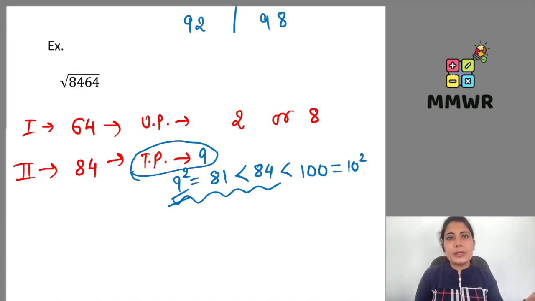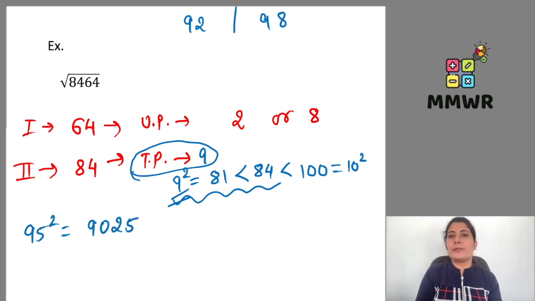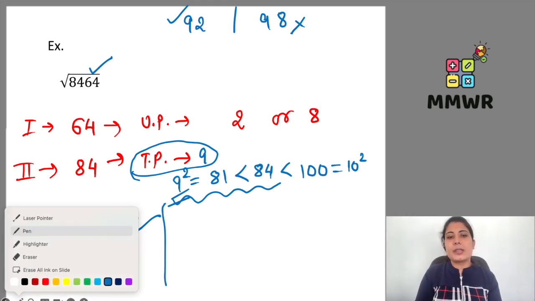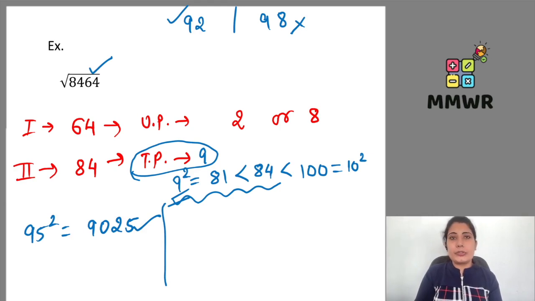Just now we have seen in the previous example, 95 square was 9025. 9025 is greater than 8464. That means the square root of 8464 should be less than 95. So 98 will not be the possible one. 92 has to be the answer, but whether exactly it is or not, that we have to check.